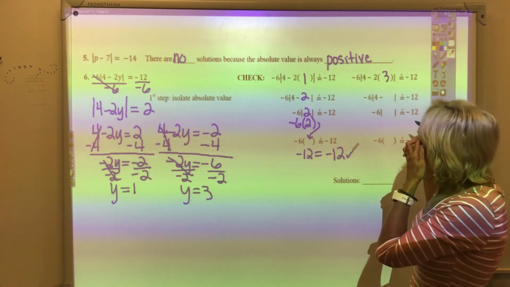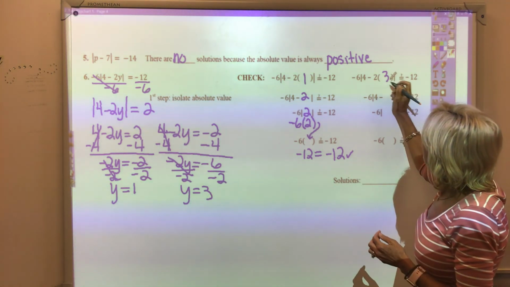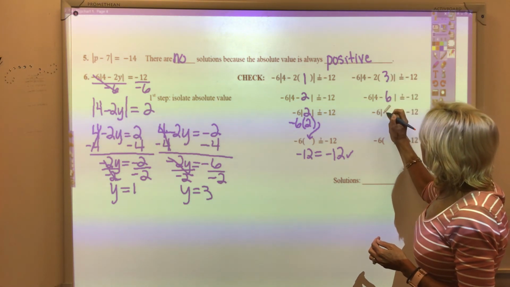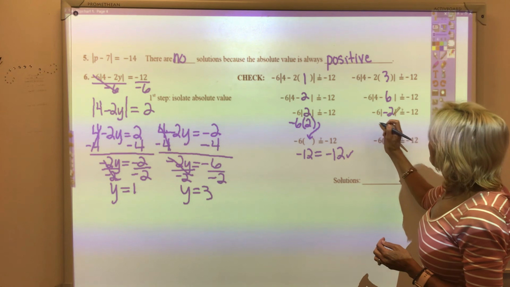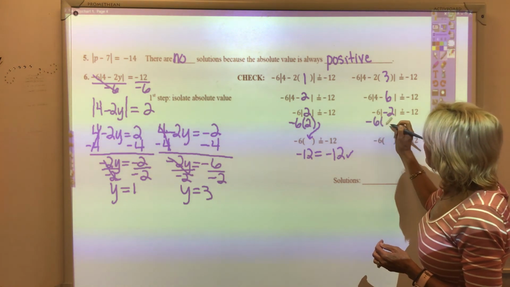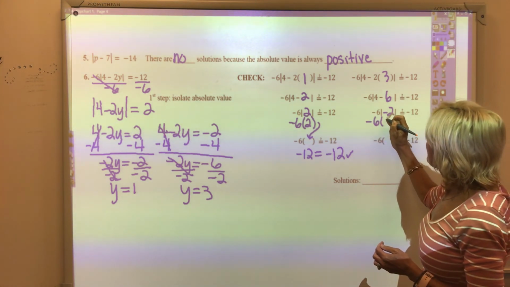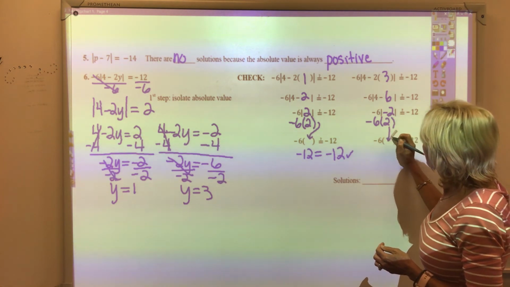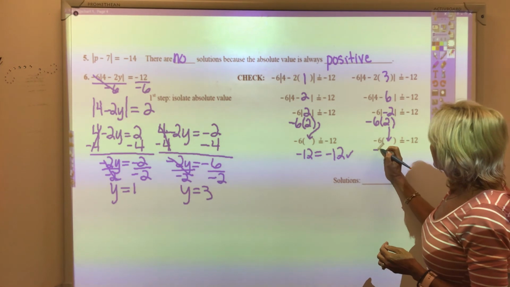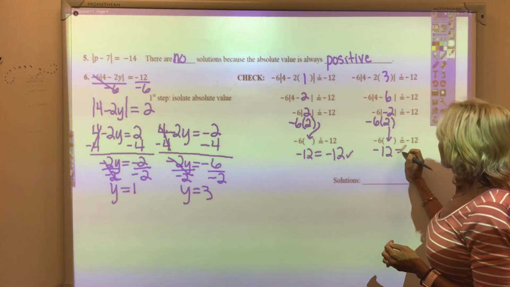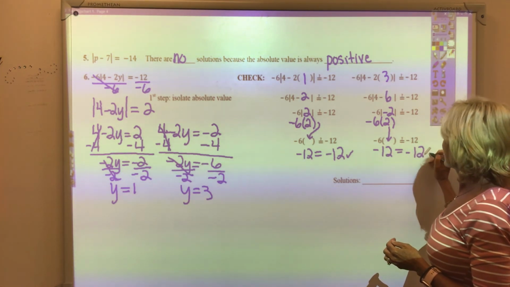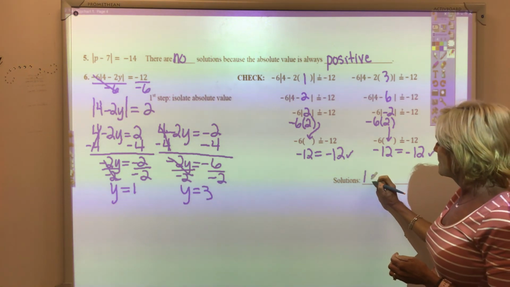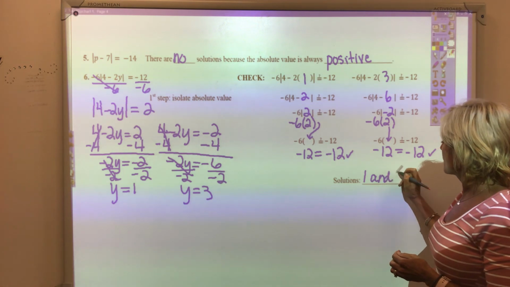On the second one, we plug in a 3. 2 times 3 is 6. 4 minus 6 is negative 2. Negative 6 times the absolute value of negative 2, which is 2. Whoops, I did it again. Plug it in right here. Negative 12 equals negative 12. So this one also checks. Our solutions would be 1 and 3.